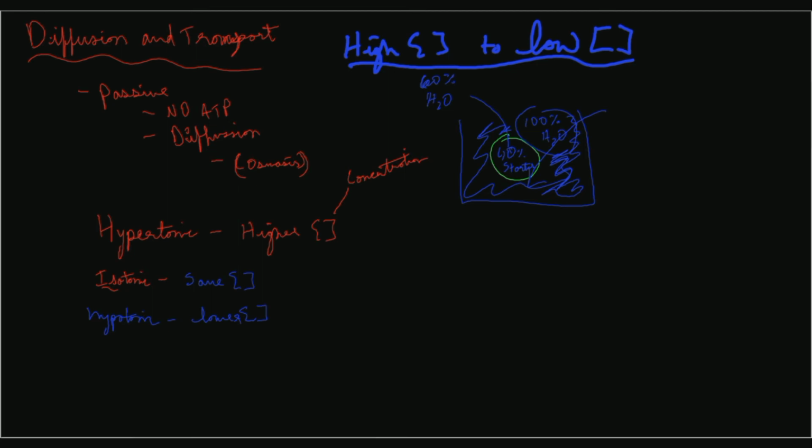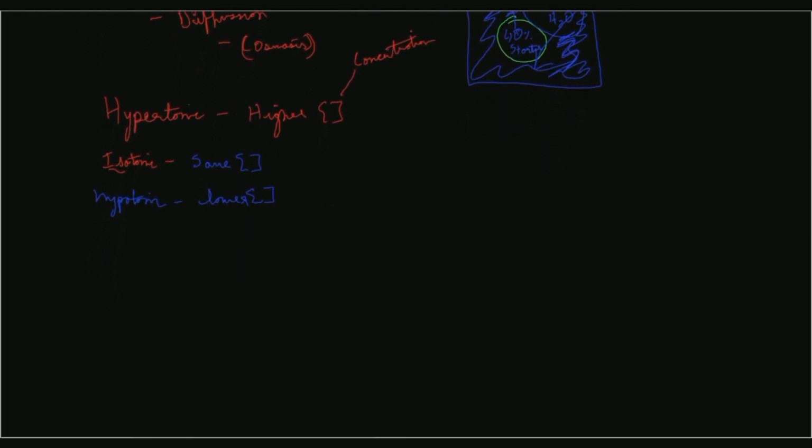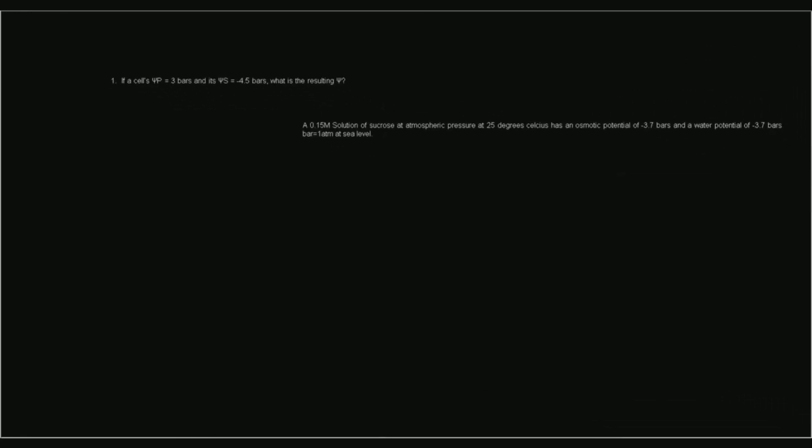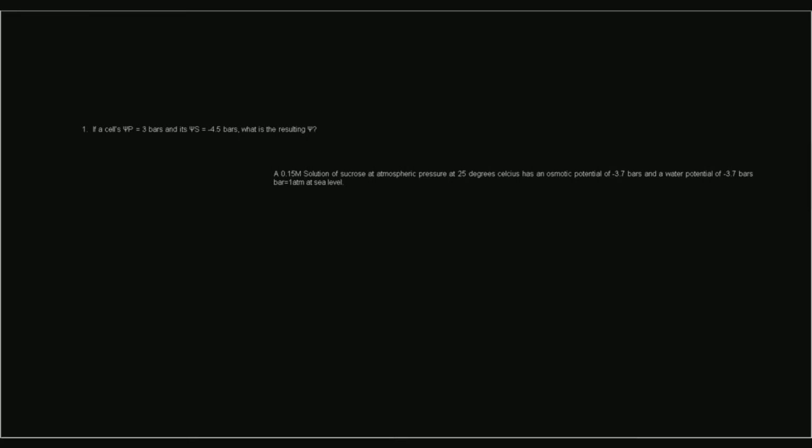Okay, we have a couple of problems over here somewhere. Oh, there they are. Cool. These problems are called water potential problems, and in these problems we decide what way the water is moving by comparing the water potential of each of the things we're trying to compare.